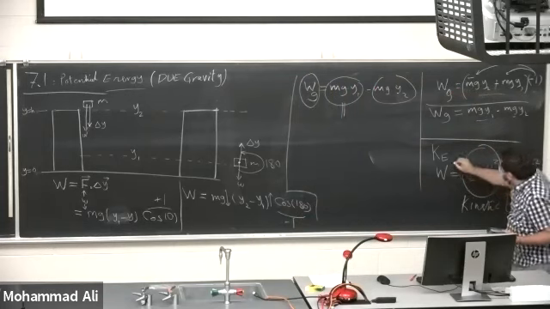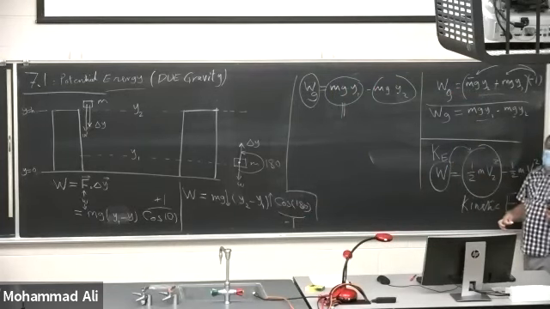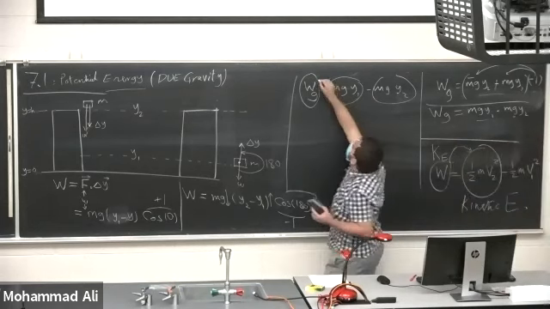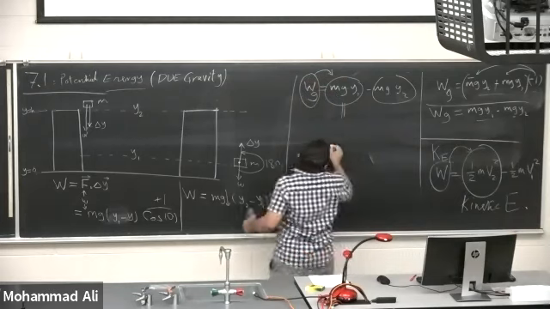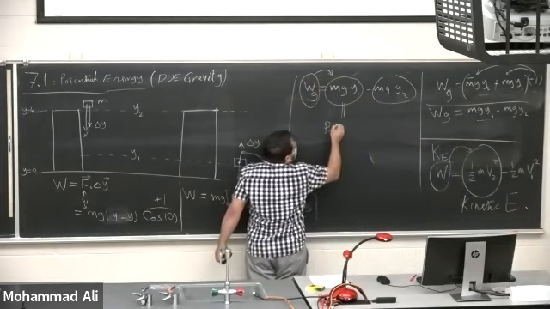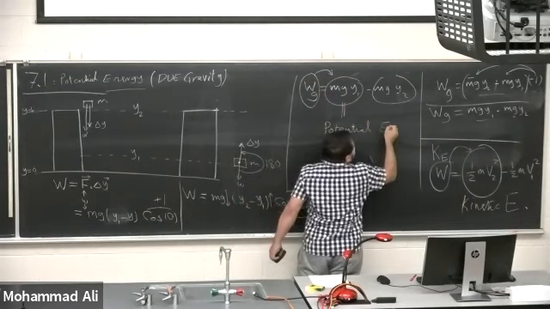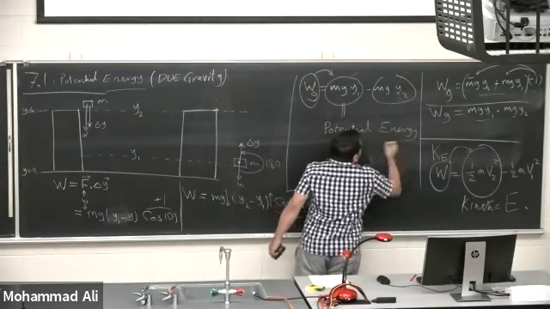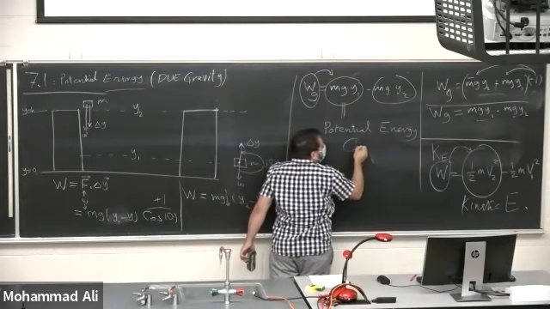Previously, we saw that the work converted to kinetic energy. Now we have the work converted to a new kind of energy. This energy we can call potential energy. This potential energy is due to gravity.